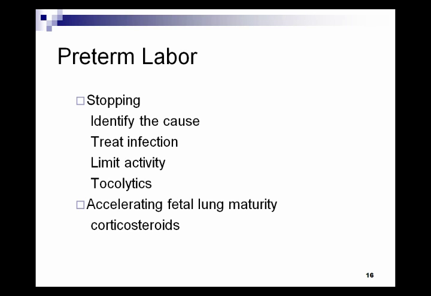Instead of going into these in detail, just review the labor pharmacology lecture. And again, we have to accelerate fetal lung maturity. That's done over 24 hours. We can either give betamethasone, 12 milligrams, 2 doses, 24 hours apart, or dexamethasone, which is 4 doses, 12 hours apart.